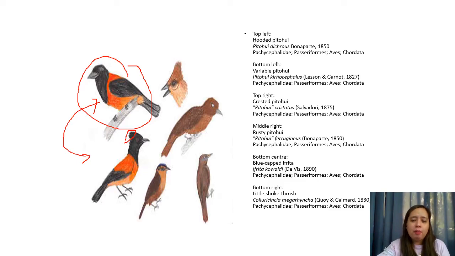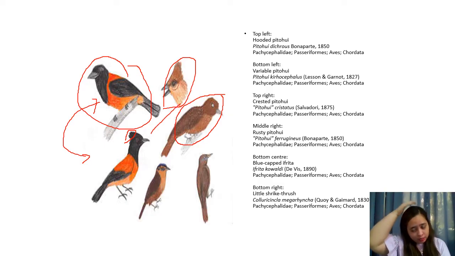And then you have here at the top right the crested pitohui, Cristatus. Middle right, we have here the rusty one. This is your Ferruginous, Ferruginous because it is copper-colored. Kerchocephalus and Cristatus look the same because of the crest on the top portion of the feather.